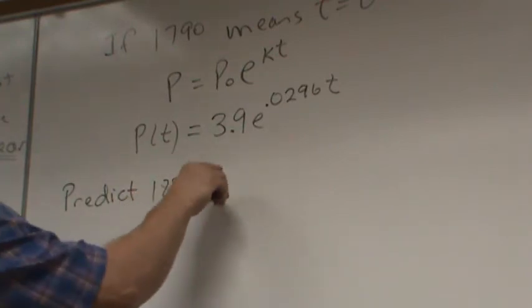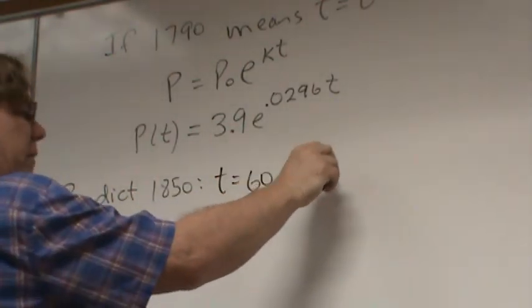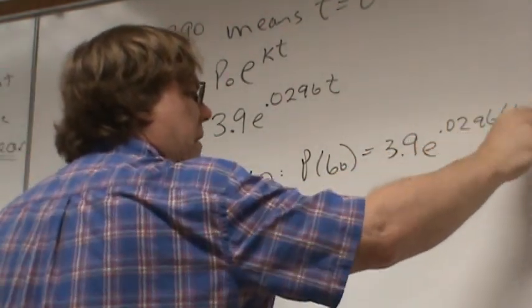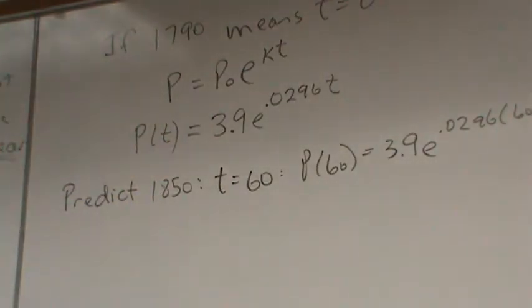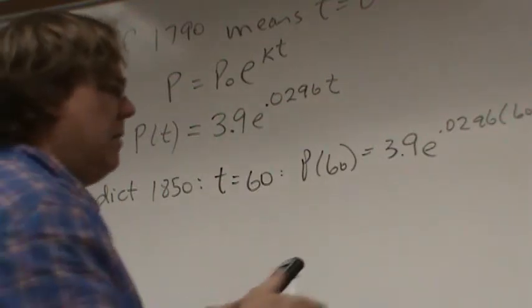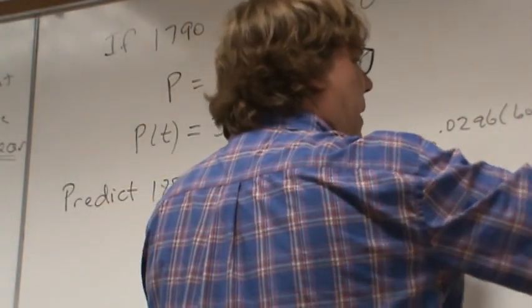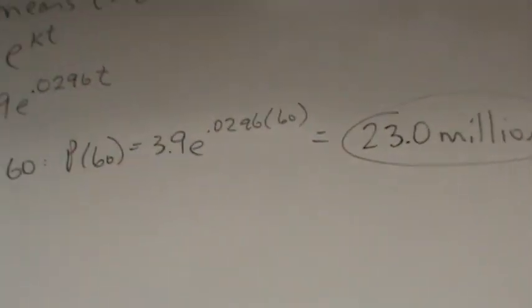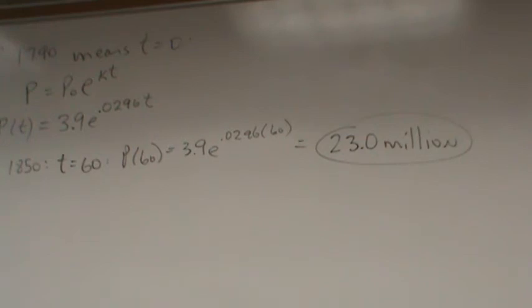So t equals 60. I get P of 60 equals 3.9 times e to the 0.0296 times 60, which is approximately 23.0 million. That's my prediction for the year 1850. In fact, in 1850, the actual population was 23.2 million.